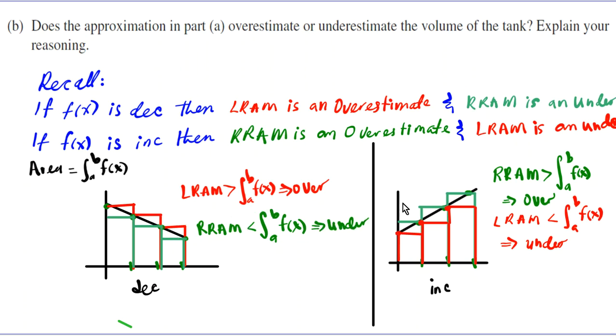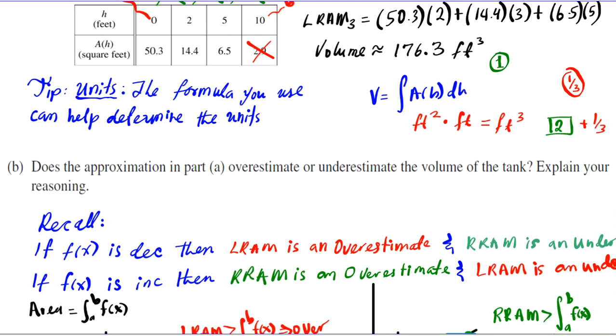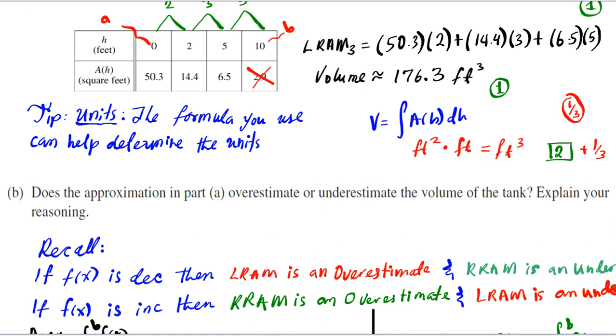You don't have to do all this if you don't have to. Okay, so in this particular problem, the big question is: is this function increasing or decreasing? You just take a look at the table and look at the behavior of h: 50.3, 14.4, 6.5, and 2.9. I think that's what that is.